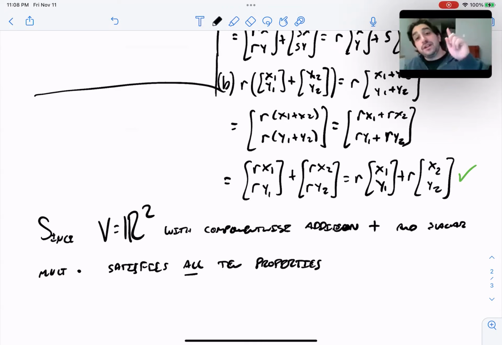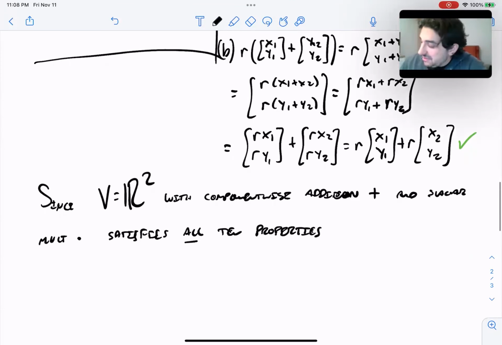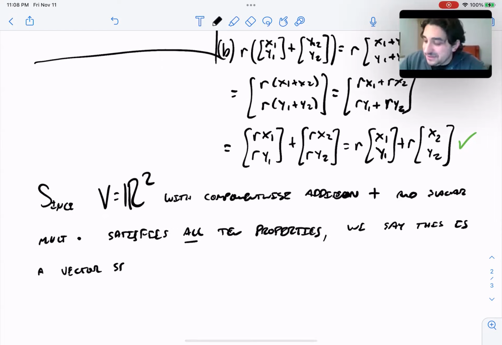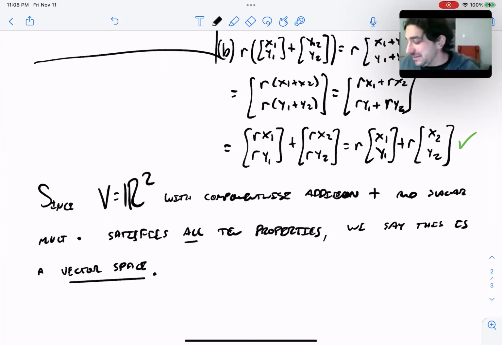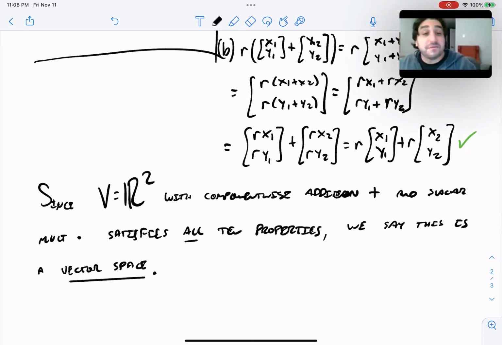If it fails even one property, we would say not a vector space. But since it satisfies all 10 properties, this gets to be called a vector space. And there are lots of other vector spaces out there. We will see other examples of vector spaces, but this is I think the most familiar example of a vector space. We'll see plenty more examples of sets and operations that satisfy all 10 of these properties. But this is maybe the most famous, most important.